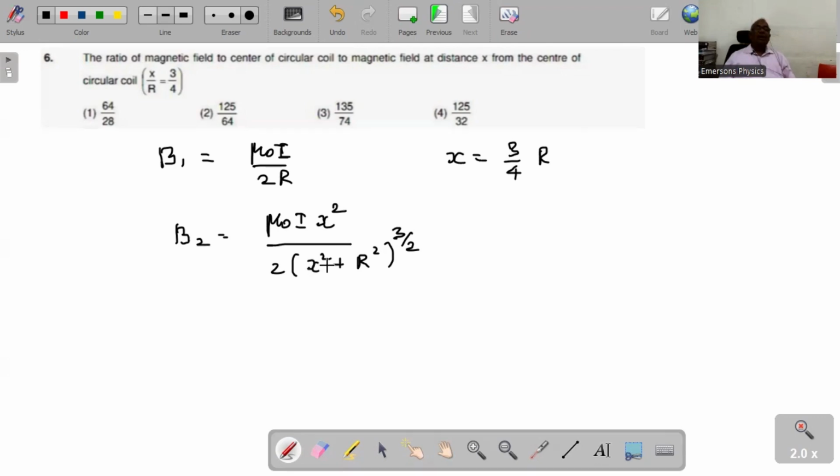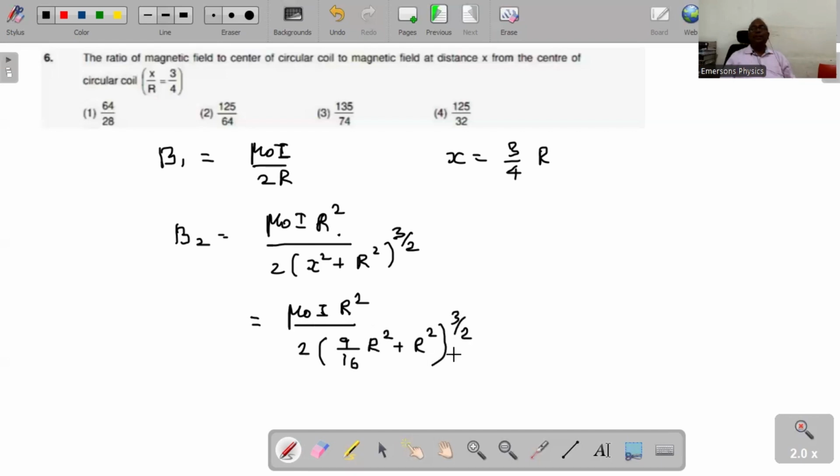So mu naught I r squared divided by 2 into x squared plus r squared to the power of 3 by 2, where x is equal to 3 by 4 r, the whole square: 9 by 16 r squared plus r squared to the power of 3 by 2.